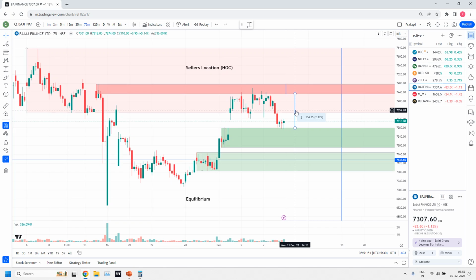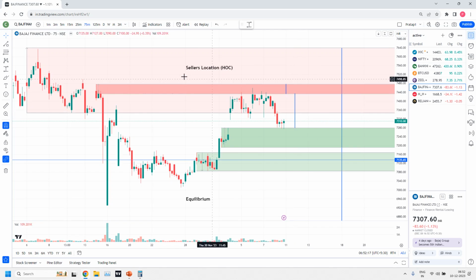If you would have gone for a short trade based on the F&O trades, either futures or options, your profit margin will depend. And it is a successful trade. How is it successful? Because the location is in our favor and the trend is also in our favor.